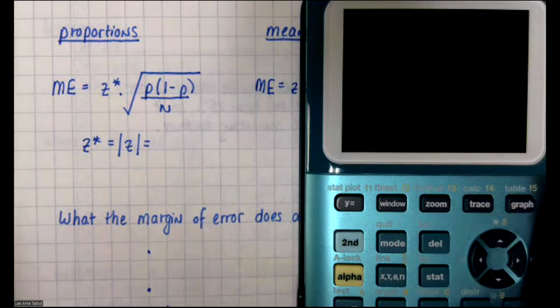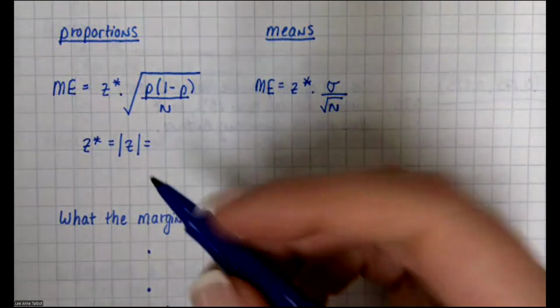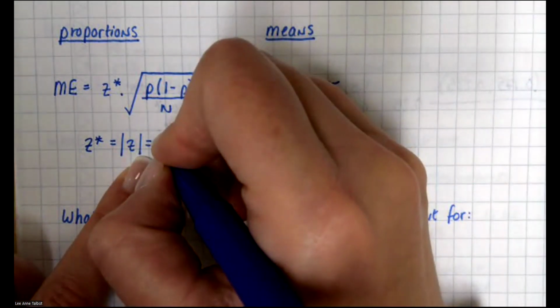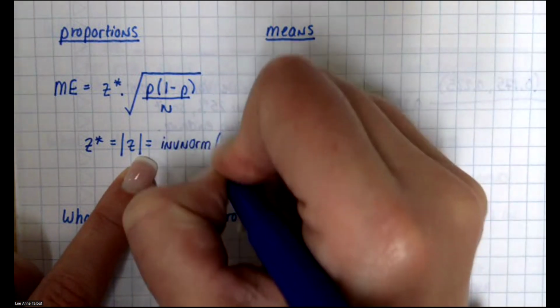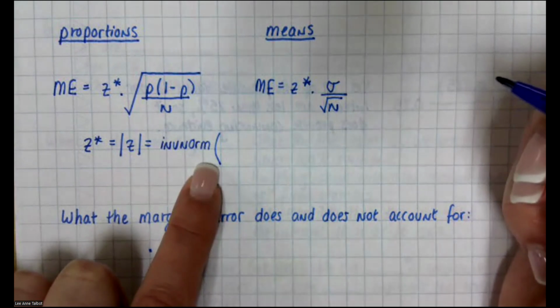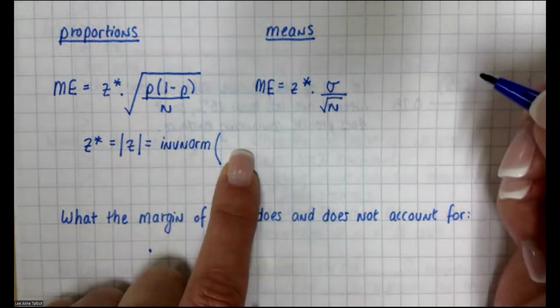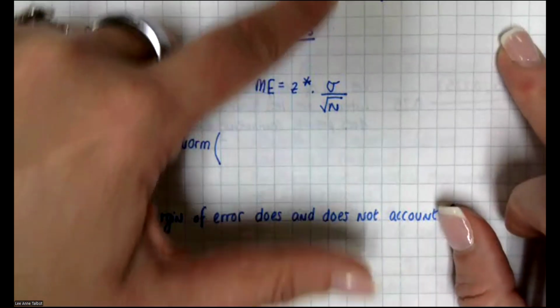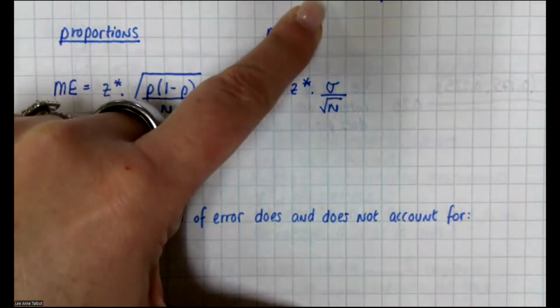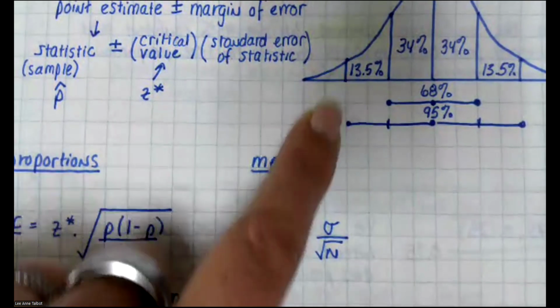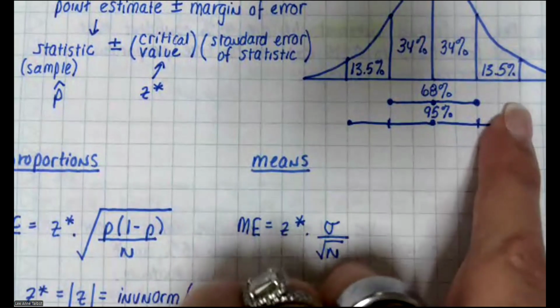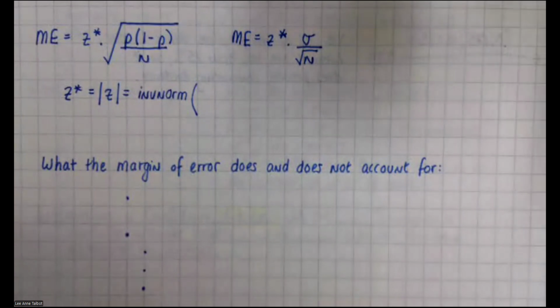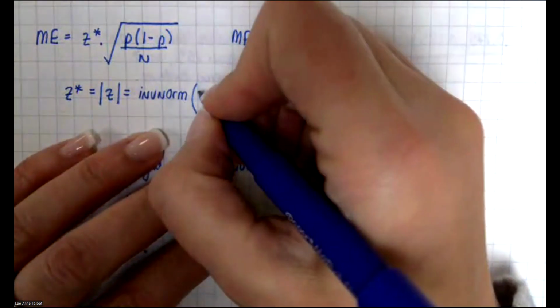So anyway, I don't know if you remember, but from chapter 2, you can find Z by doing inverse norm. And what you want to do is find the Z for this spot or this spot. Okay, and so I made you a formula because children love formulas.